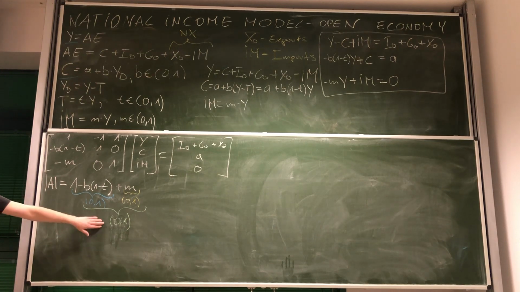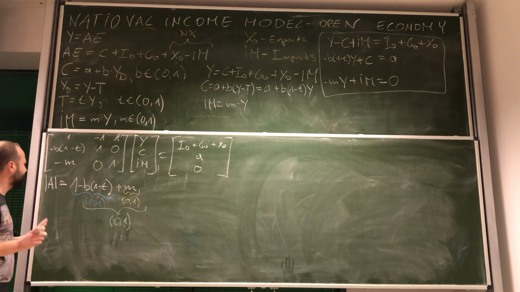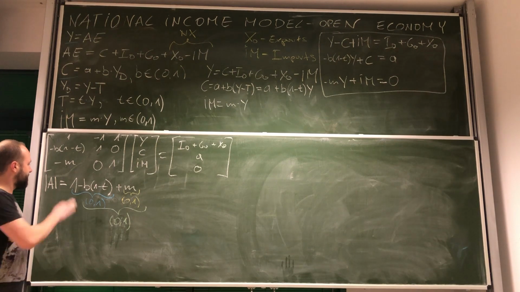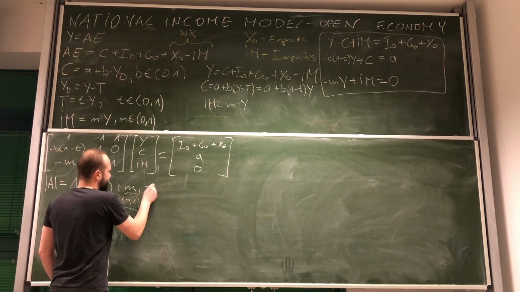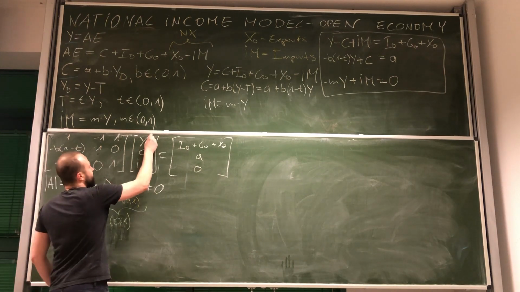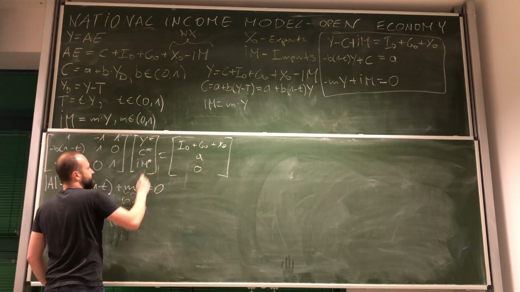So let's still assume that this is between 0 and 1, which is usually the case. And this means, of course, that the determinant is different than 0, and of course, this means we can find equilibrium solutions.